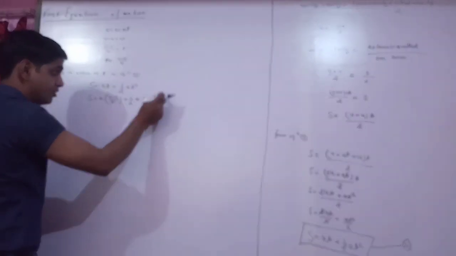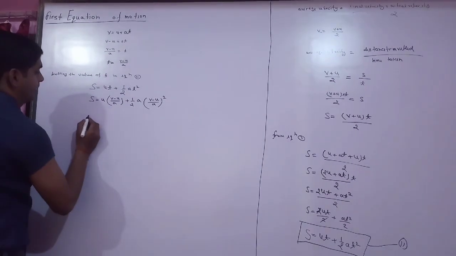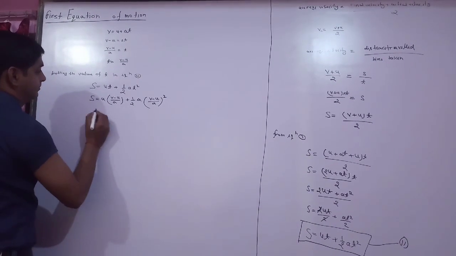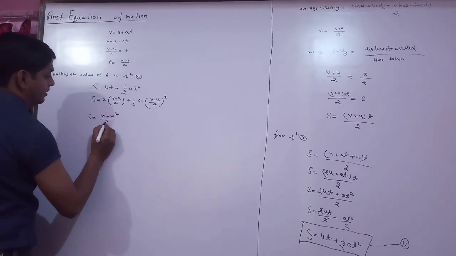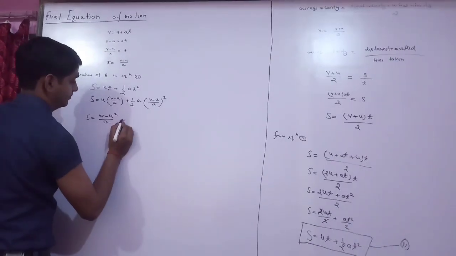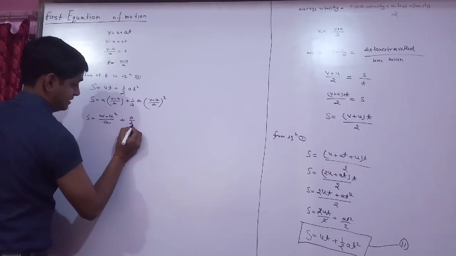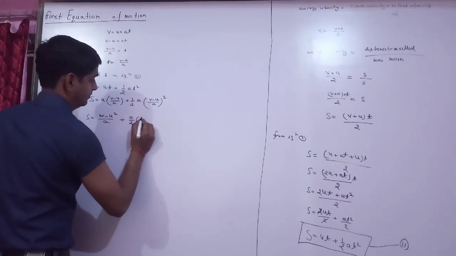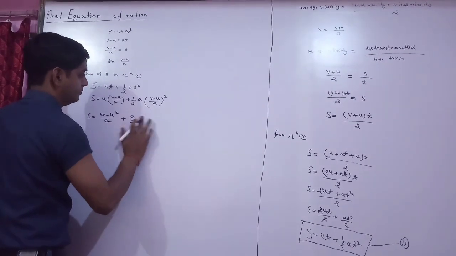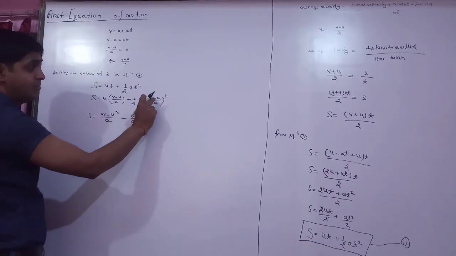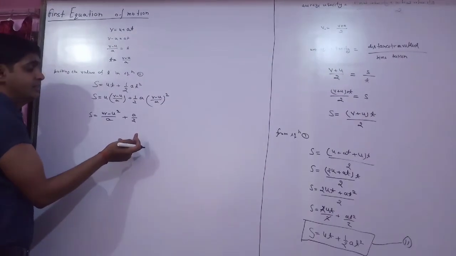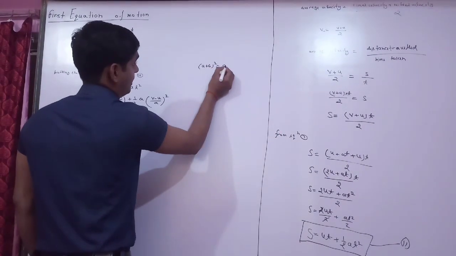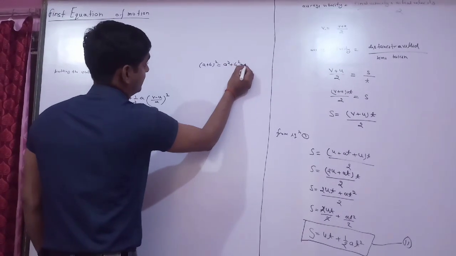For (v minus u) whole square, we open this bracket with the help of (a plus b) whole square, which is a square plus b square plus 2ab.